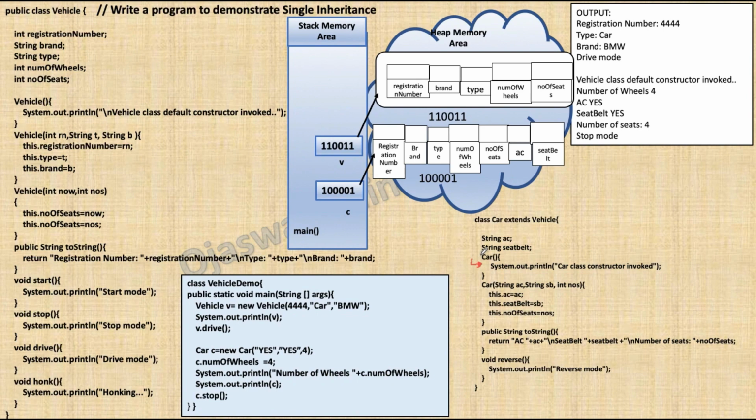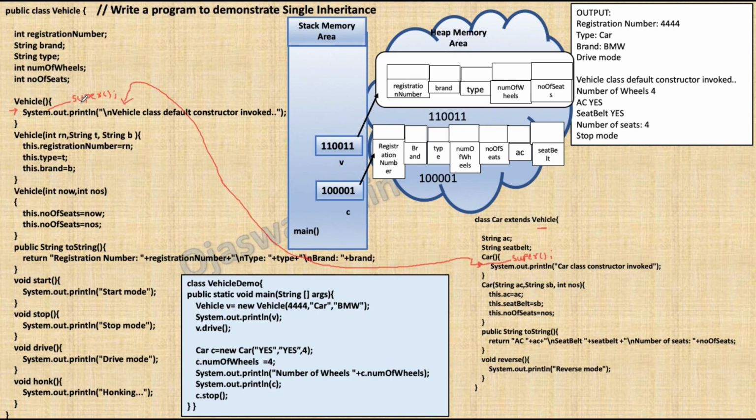Hence from here, control of execution will go to the constructor of superclass, that is class vehicle. So control of execution comes over here. Again, the first statement inside a constructor is call to superclass constructor. Now vehicle class is not explicitly extending any superclass, but yes, every Java class has a cosmic superclass, that is object class. Hence, from here, call to the object class default constructor will go.